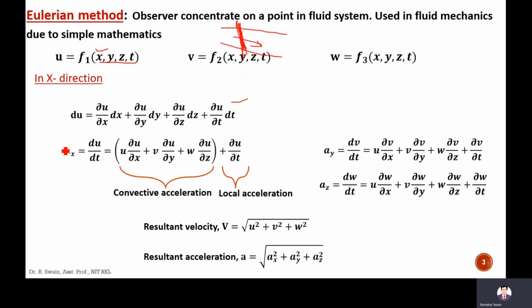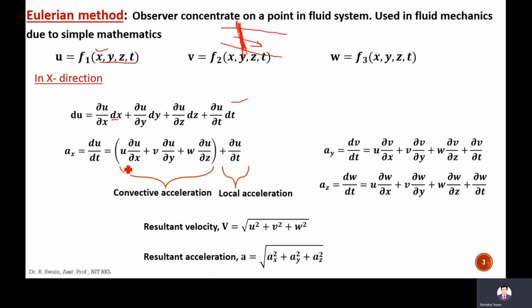Okay, next ax, the acceleration, which is nothing but du by dt. So du by dt is u del u by del x, since dx by dt is u; dy by dt is v, dz by dt is w, and dt will cancel here. So it will be u del u by del x plus v del u by del y plus w del u by del z plus del u by del t.